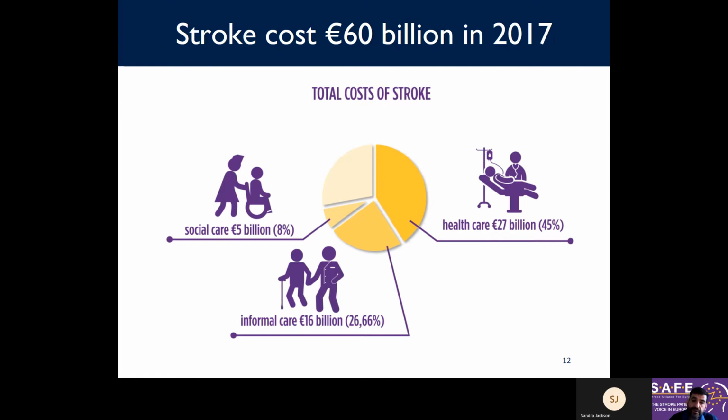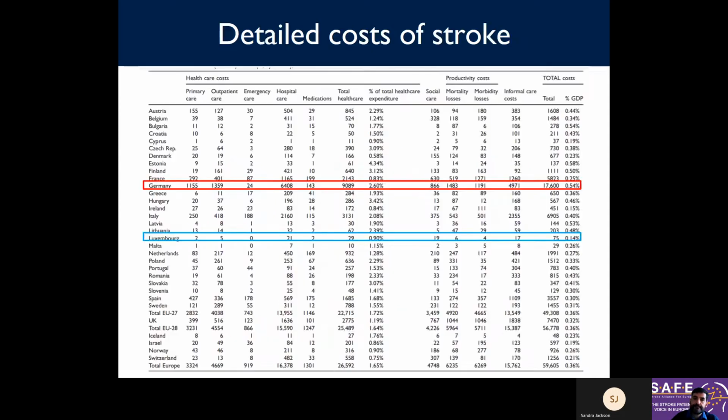Social care cost 5 billion euros. And the remaining area was for premature mortality or inability to work.